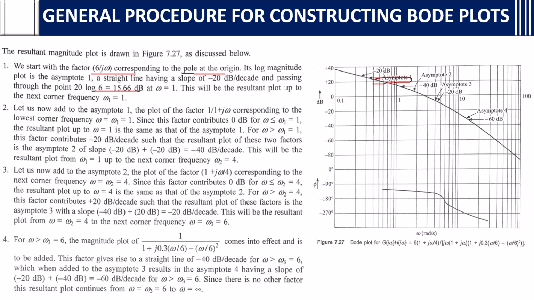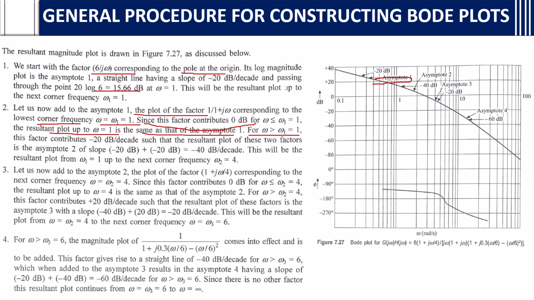Then let us now add to asymptote 1 the plot of the factor 1 by 1 plus j omega corresponding to the lowest corner frequency, omega 1 equals 1. Since this factor contributes 0 dB for omega less than omega 1 equals 1, the resultant plot up to omega 1 is the same as that of asymptote 1.